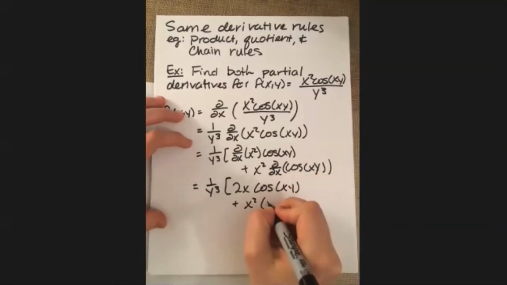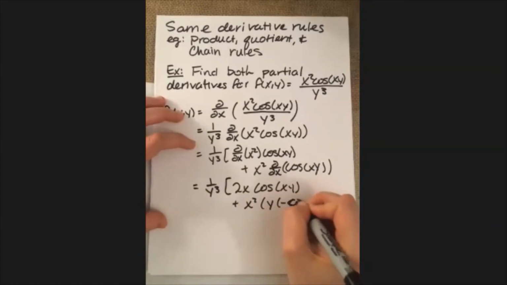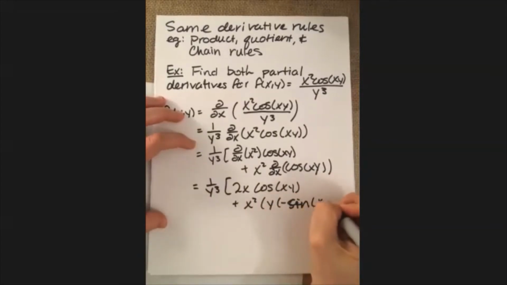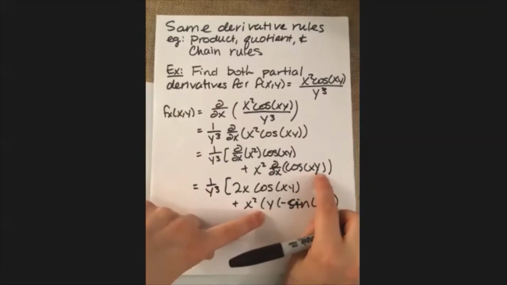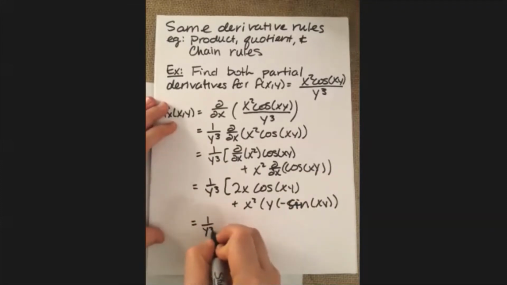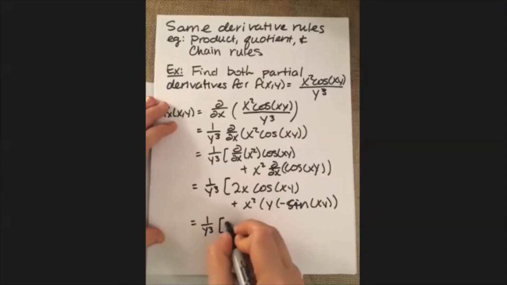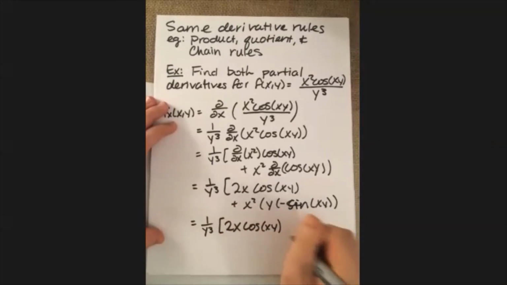And I'm going to get y times negative sine of xy, okay? Because this y here is the derivative of the inside of the cosine. So that's just 1 over y cubed times 2x cosine of xy, and then minus x squared y sine of xy.